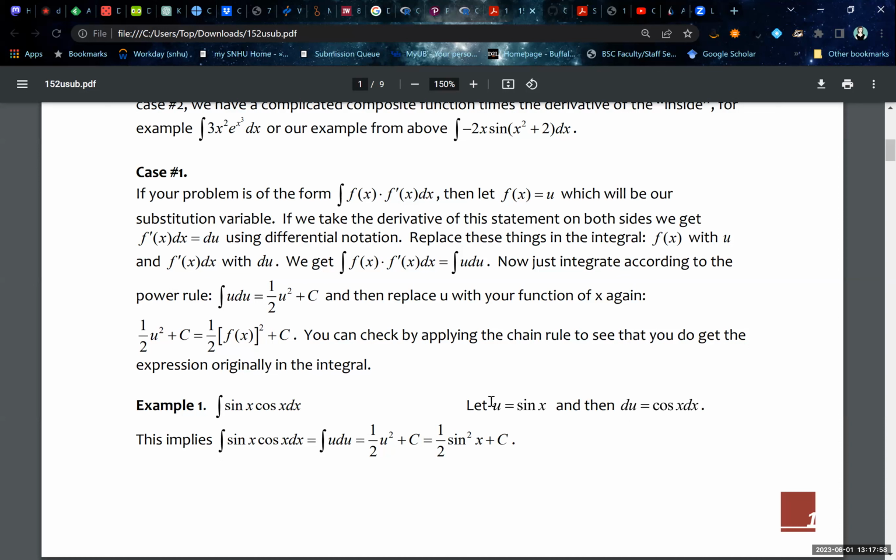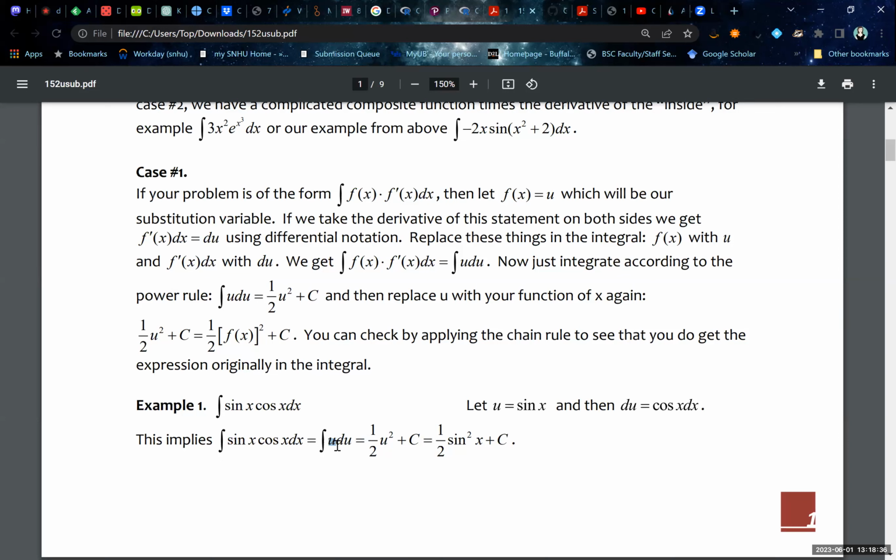Then we take the derivative of both sides of this in differential form. So u becomes du, and then sine x becomes cosine x times dx. And then we make our substitution. So that cosine x dx gets replaced with du right here, and then the sine x itself gets replaced with just the u.